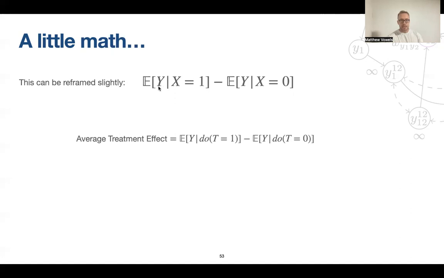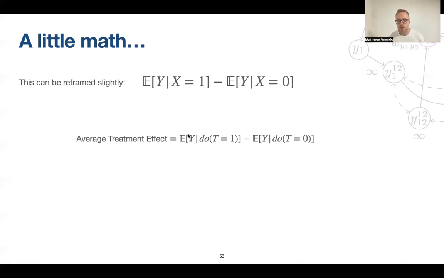In other words, the difference between the expected value of y under two different settings of x is equivalent to the average treatment effect, where we assume maybe that x is actually a treatment, for people that do take the treatment, t equals 1, and people that don't take the treatment, t equals 0. And so I'm also going to be using this do calculus notation. Do calculus is Judea Pearl's invention, and colleagues.